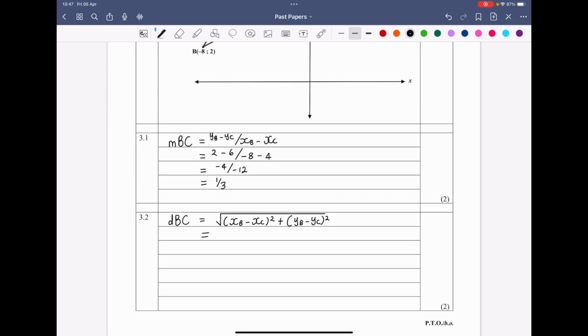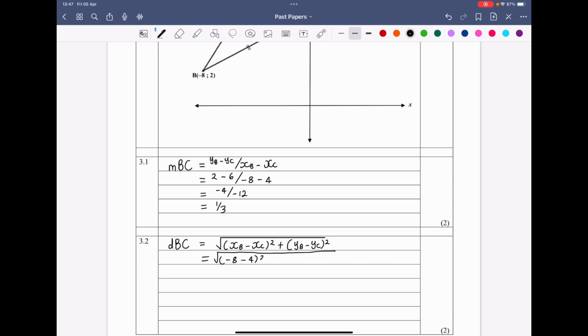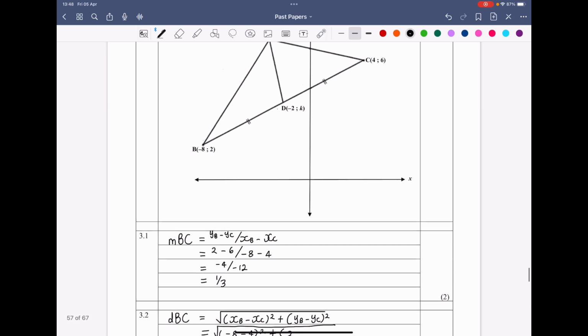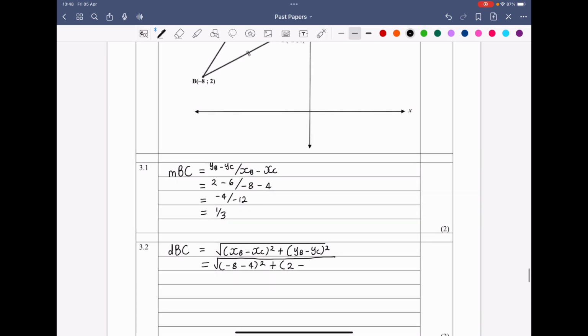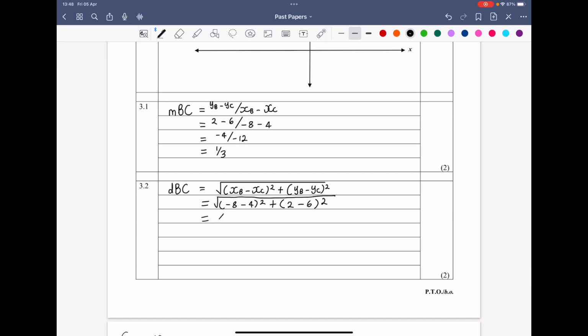And since I was given the coordinates of B and C, I can just substitute those values into my equation. So I'm going to have the x value of B, which is negative 8, minus the x value of C, which is 4, all squared, plus the y value of B, which is 2, minus the y value of C, which is 6, all squared. And when I solve that, I get 4 root 10 units, because we're talking about distance.